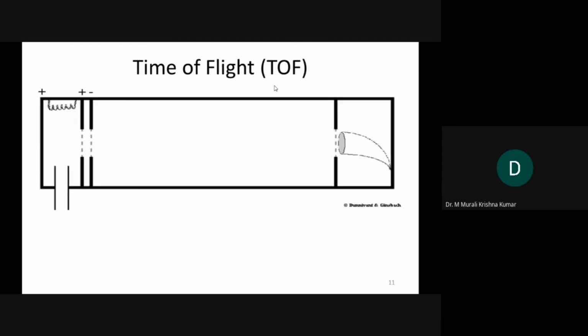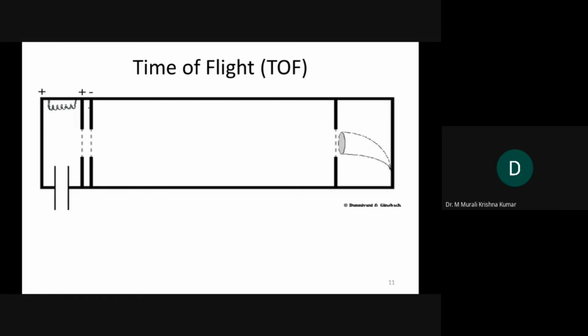The second one is the time of flight mass analyzer. Here, time of flight is what we have to understand. This is one of the simplest of the principles that one can understand.